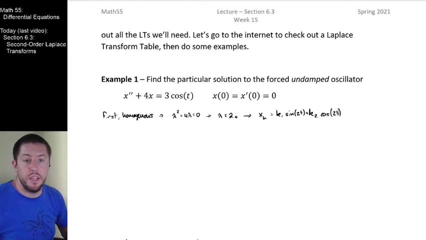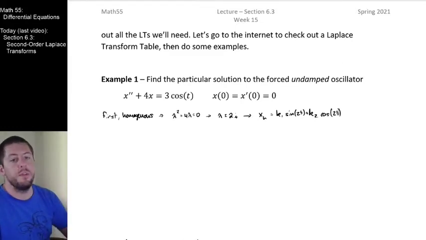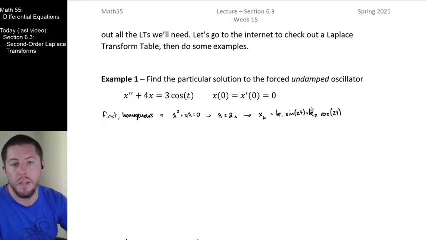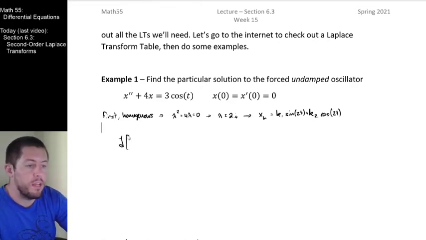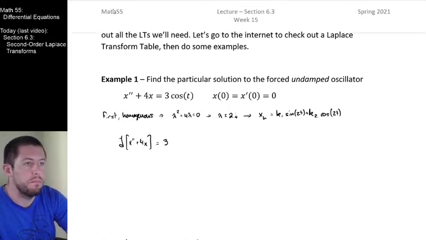We're interested in using Laplace transforms to find our particular solution. I'm bringing this up because we're going to see a little bit of overlap between the homogeneous and the particular solution, so I want to be able to reference that at the end. So let's go ahead and hit this with a Laplace transform. The Laplace of x double prime plus 4x is on the left. I'm just doing the same thing to both sides rather than too many steps at once.